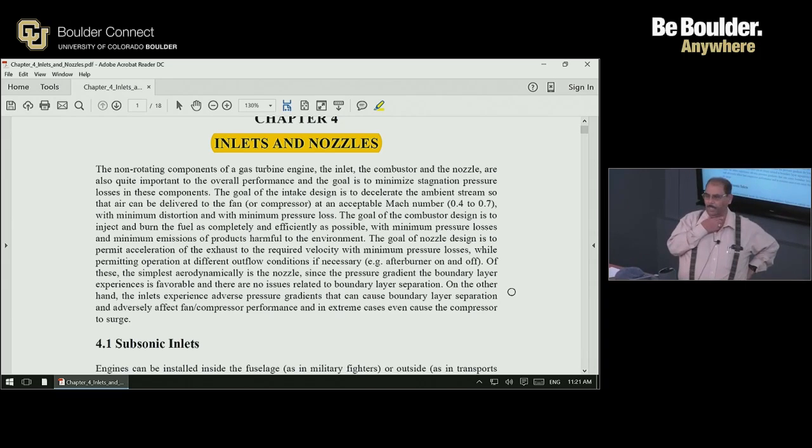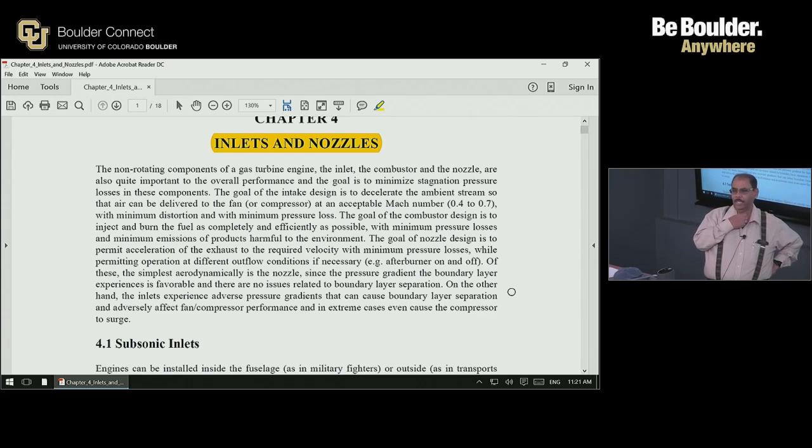Since military fighters invariably have an afterburner, if you light the afterburner, then the mass flow rate doesn't change much, but because of the release of heat, obviously the temperature increases and therefore density comes down. Which means for the same mass flow rate to be passed through, the throat area has to increase.